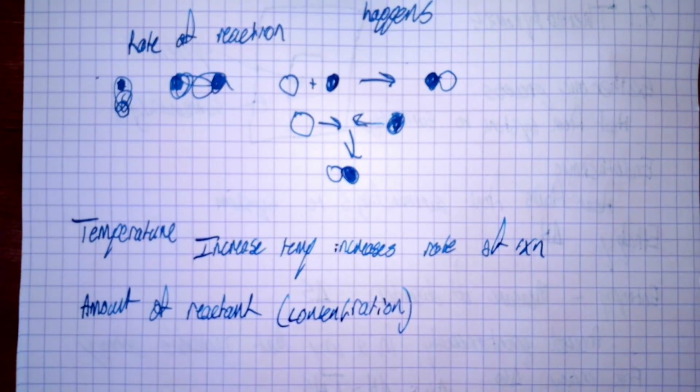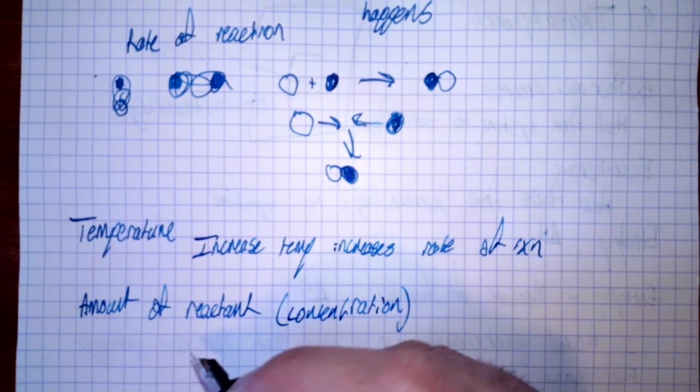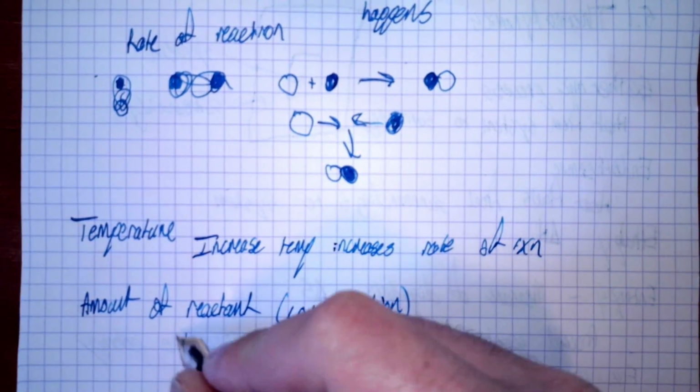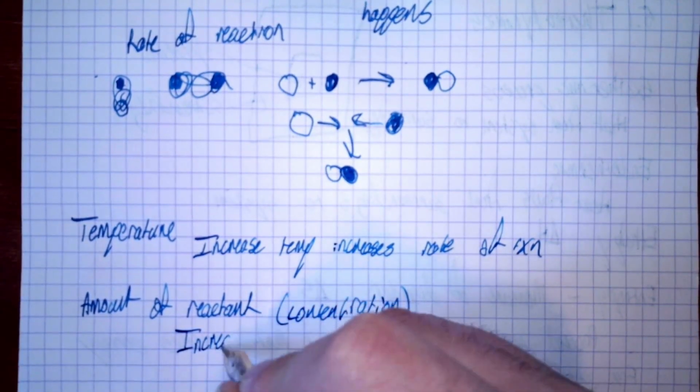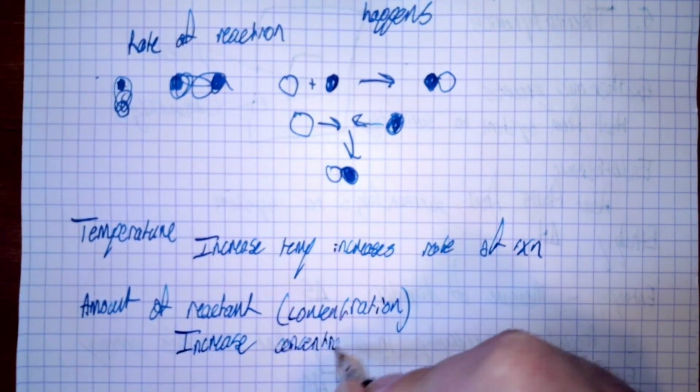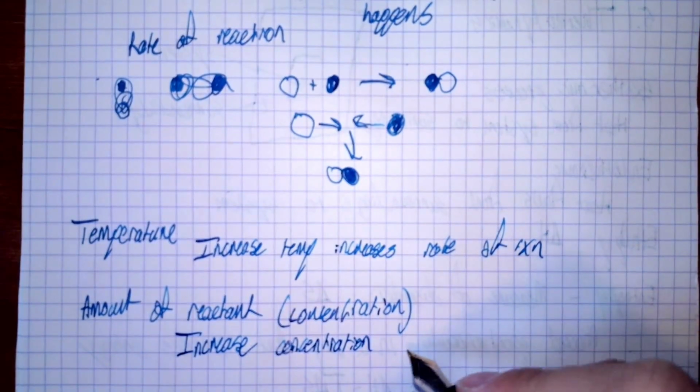So basically, the more molecules we shove in together, the more likely they are to collide with each other. Right? Makes sense, right? So, we increase concentration. In general, we increase the rate of the reaction.